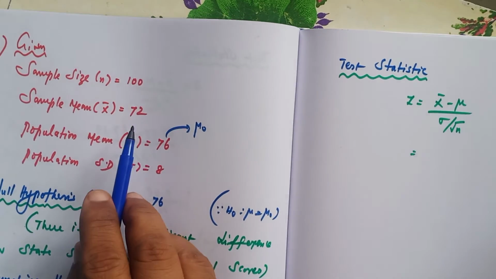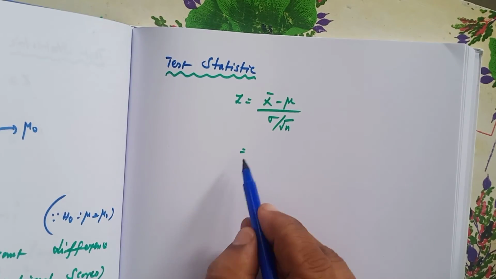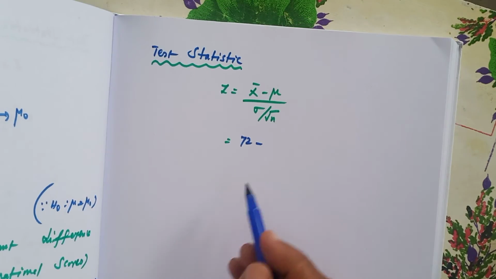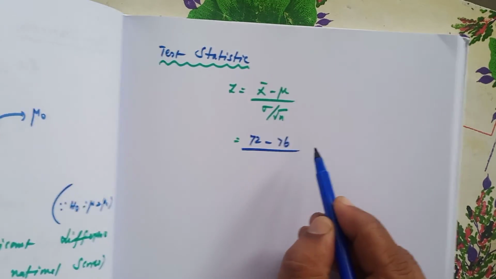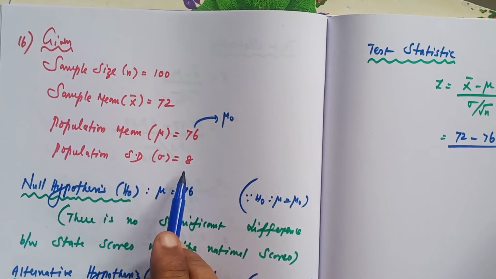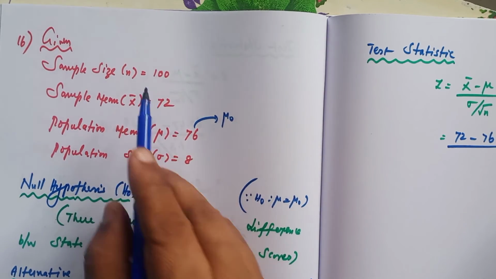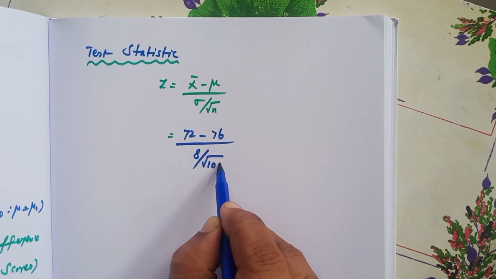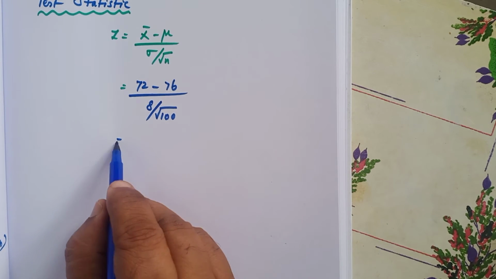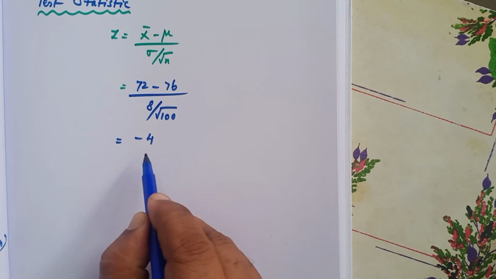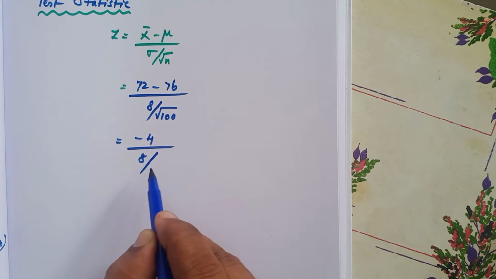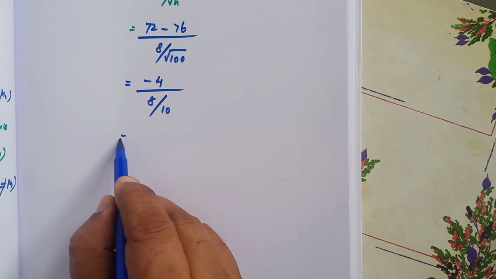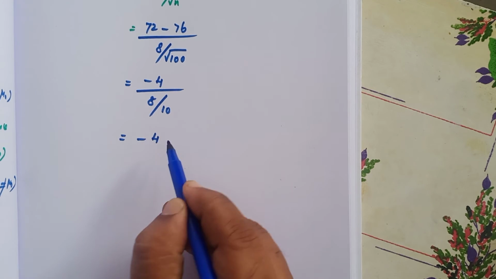What is x bar here? 72. Minus mu equals 76. Sigma equals 8 and n equals 100. 8 divided by root of 100. 72 minus 76 is equal to minus 4, divided by 8 divided by root 100, which is 10.